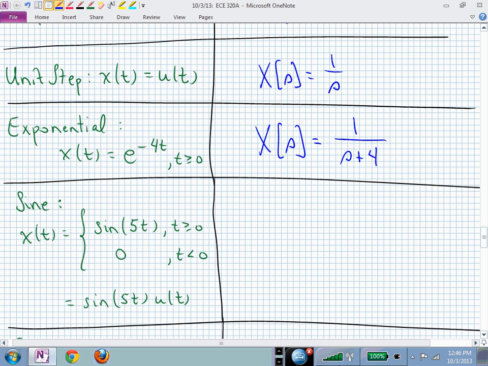When you turn that switch on, when t becomes non-negative, u of t equals 1, and that's like just saying x of t is sine of 5t for non-negative values of time. This top bracketed expression is equivalent to this lower expression. Sometimes you'll see it written either way, but you need to be comfortable that it means the same thing.